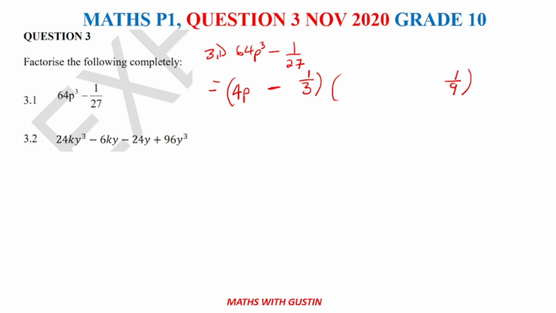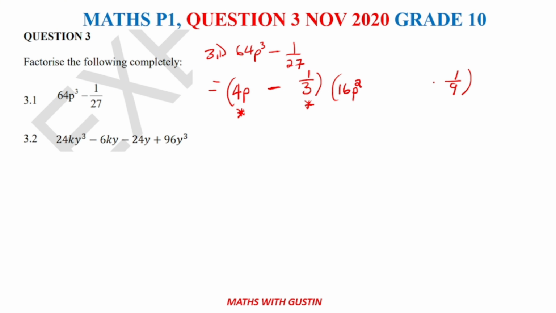And then 64 needs to be multiplied by 4 squared, which is 16, but let's not forget the p as well. We square the p so that when we multiply, it's going to take us back to p cubed. And then the middle term, we know what to do: this term multiplied by this one.